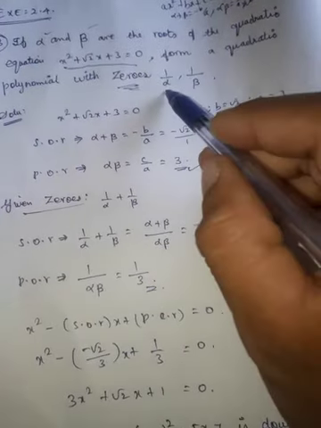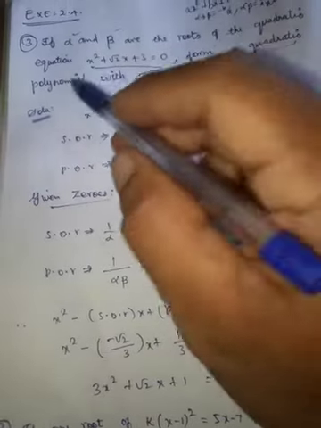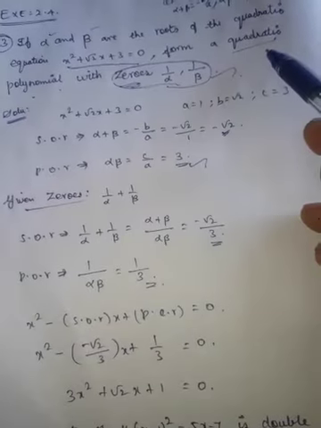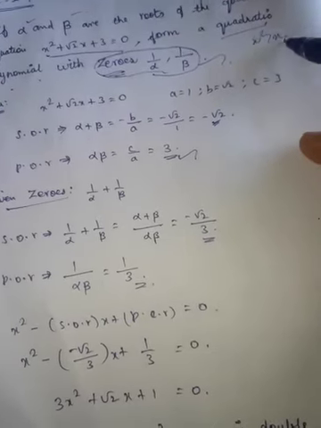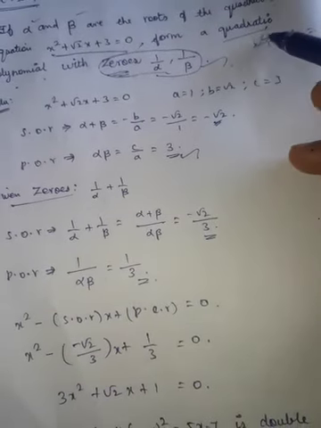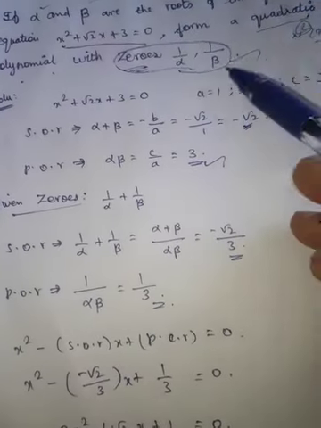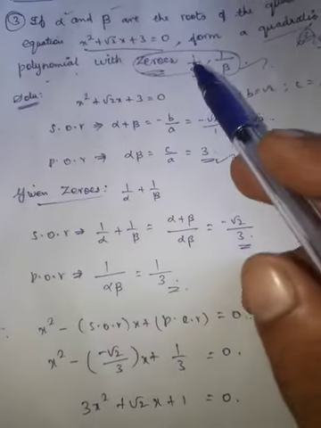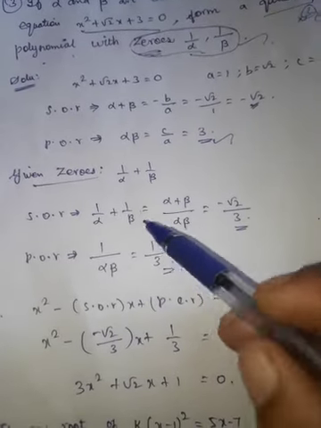So we are using these zeros to form a new quadratic equation. The quadratic equation is always formed in x square, x, and a constant, with the power value square. Now we add the given two roots, 1 by alpha plus 1 by beta.